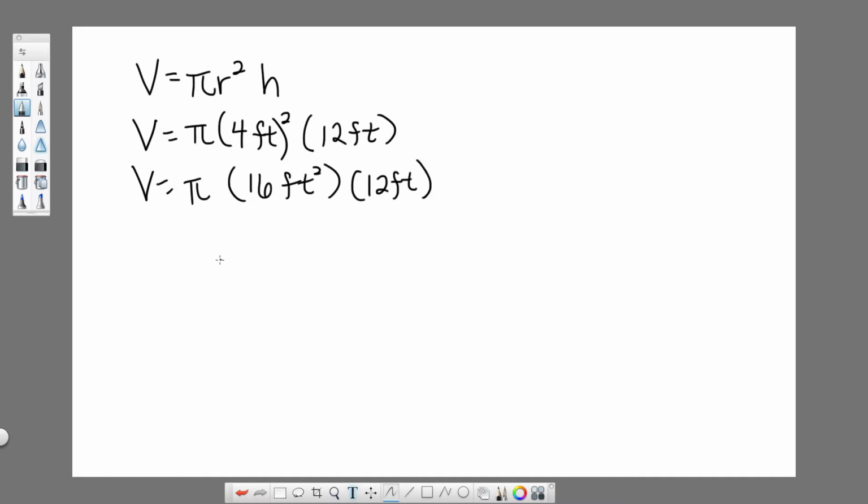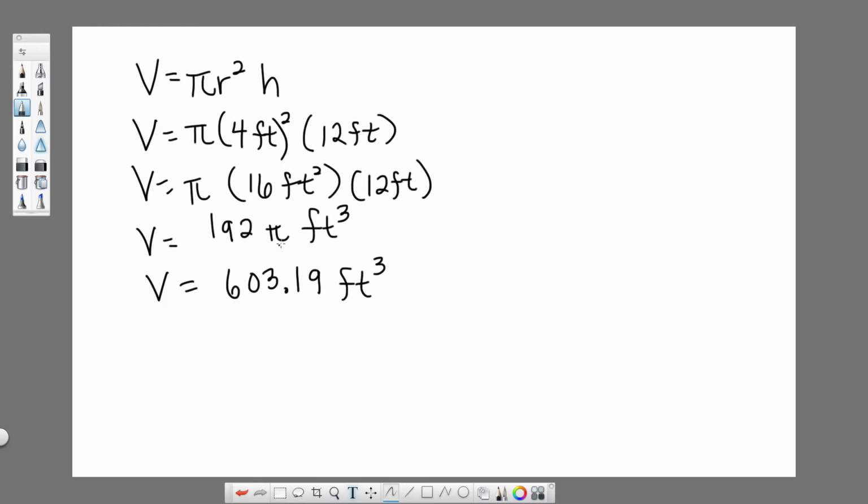I want to make sure that you understand where I get this. Punch it into my calculator. I use the pi key because I got 192 pi when I squared 16 and then took it times 12 feet cubed. When I punch it in my calculator, I get 603.19 cubic feet. And again, remember that if you used pi as 3.14, it's going to be close and not exact.